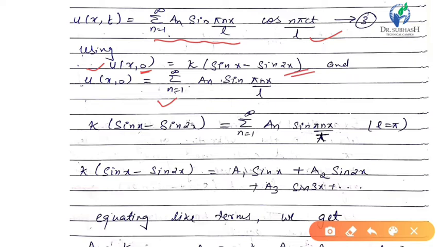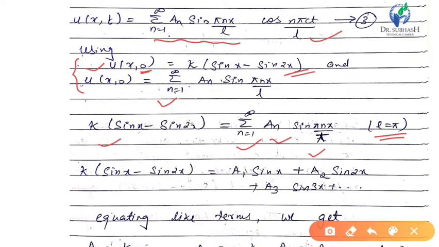Okay. Now we will compare these two equations. So on comparing these two equations, we get here k sine x minus sine 2x equal to summation n equal to 1 to infinity a_n sine pi n x upon L. So in place of L, I am putting pi.